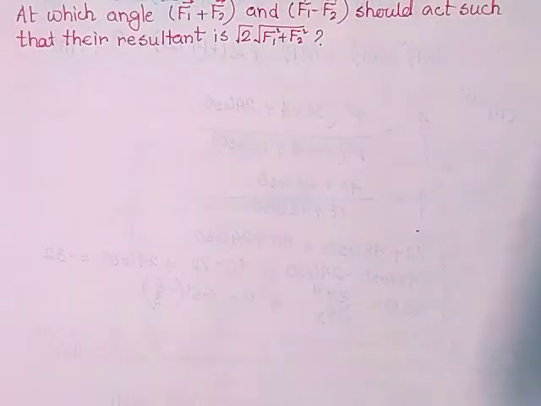So this is our next problem. In this next problem it is written: at which angle should this f1 vector and the f1 vector minus f2 vector act, so that the resultant is root over of 2 into root over of f1 square plus f2 square?